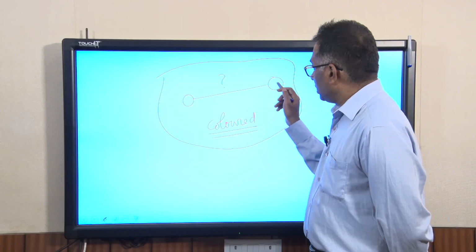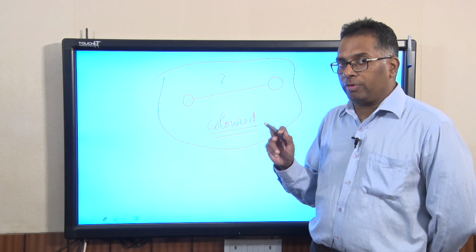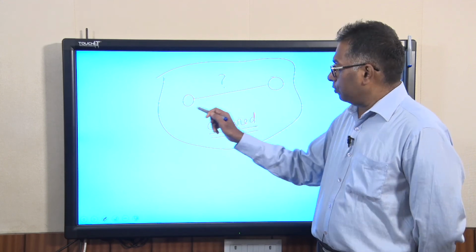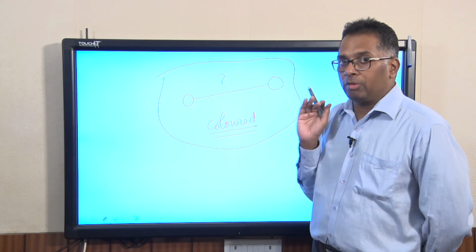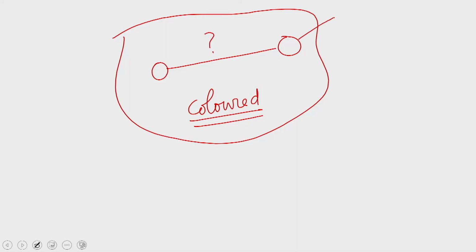If there is at least one free color at either end, and this free color happens to be the same, there should be one free color at either end, because the maximum vertex degree of a node is delta, and the other neighbors all put together can be at most delta minus 1 in number. Therefore, there is one free color at each of these vertices.